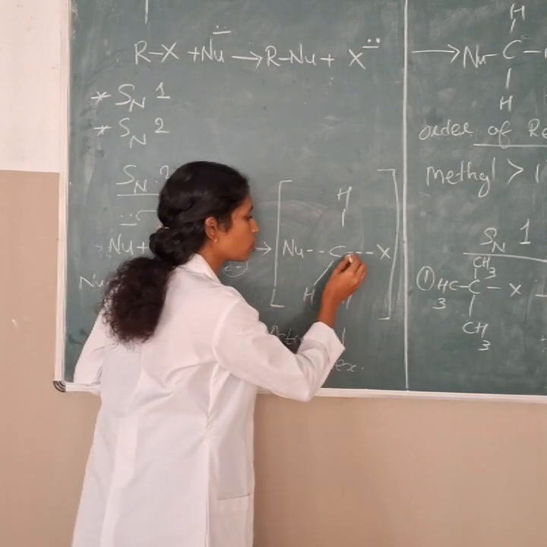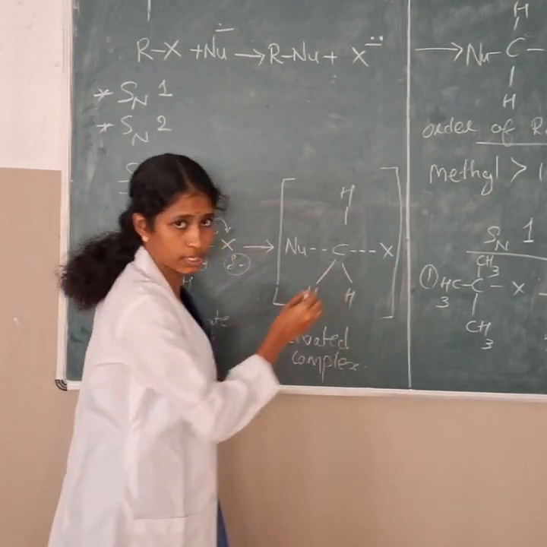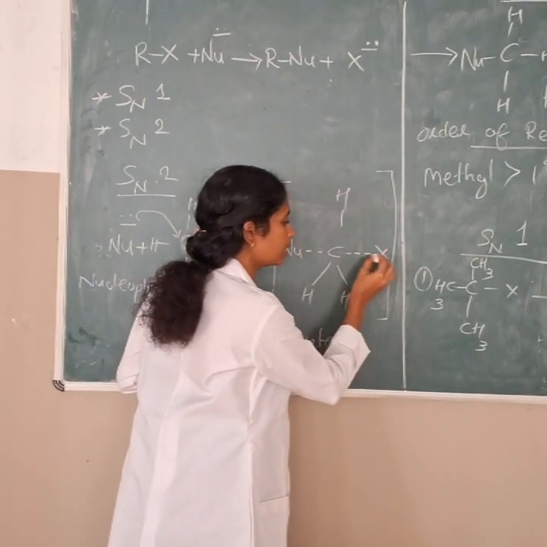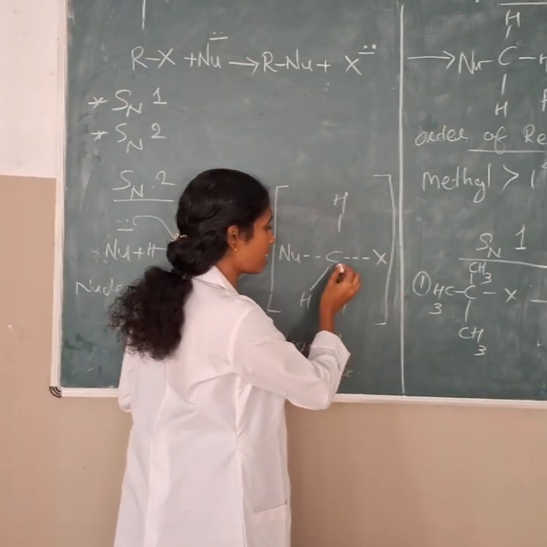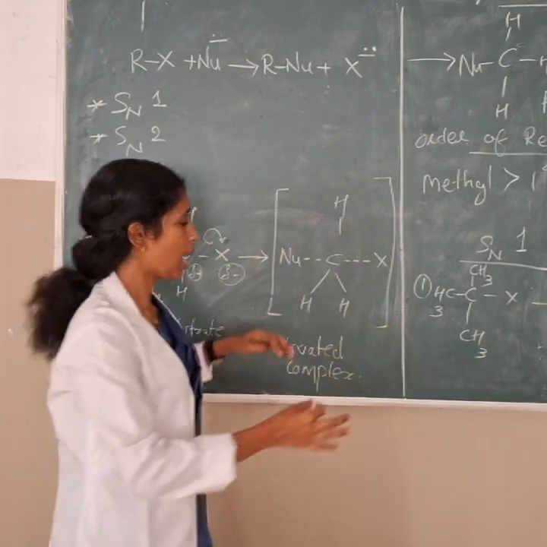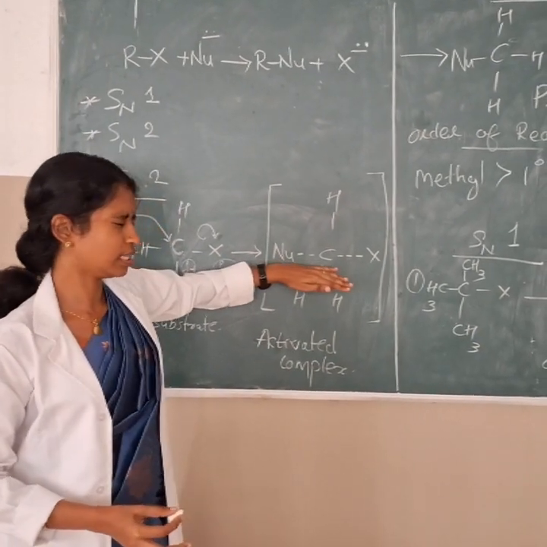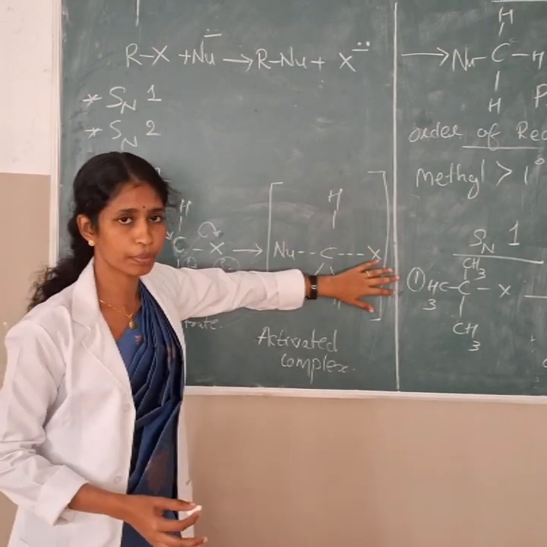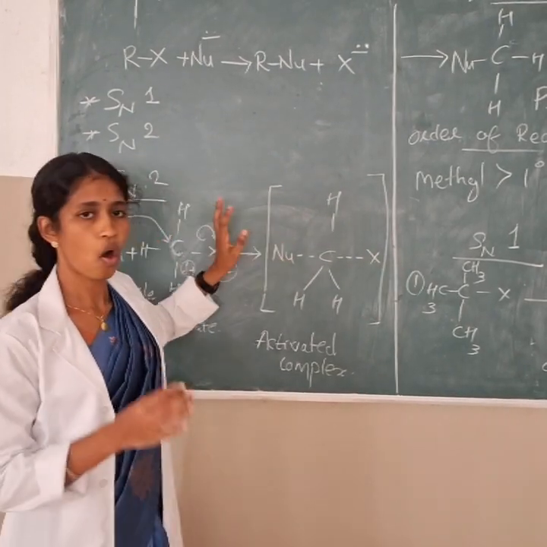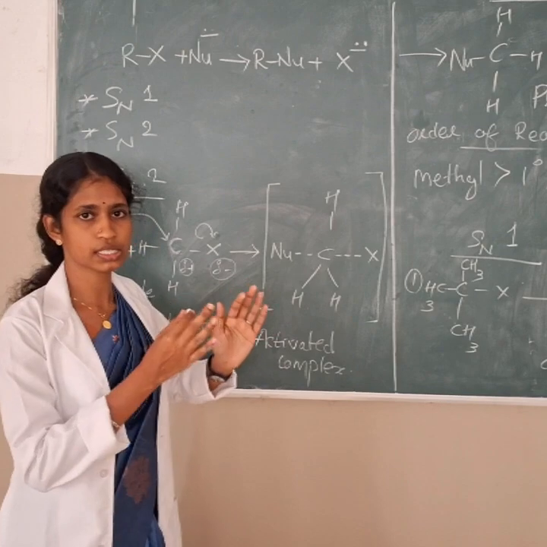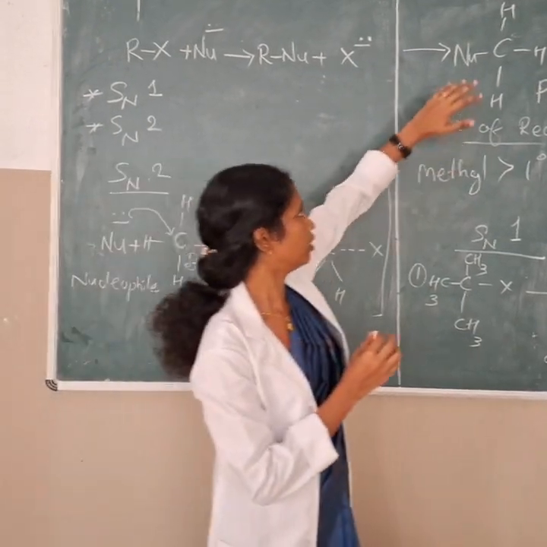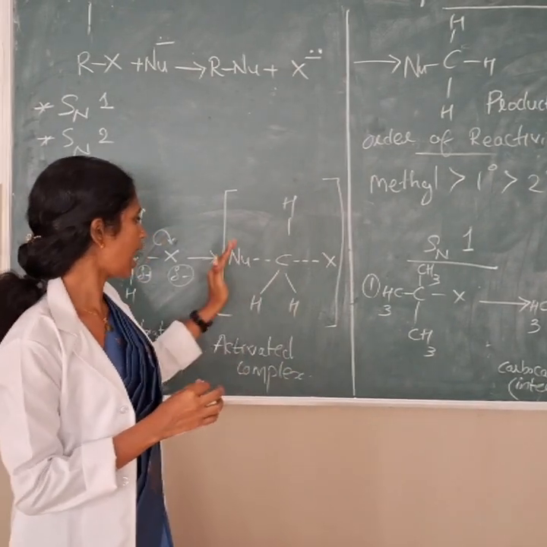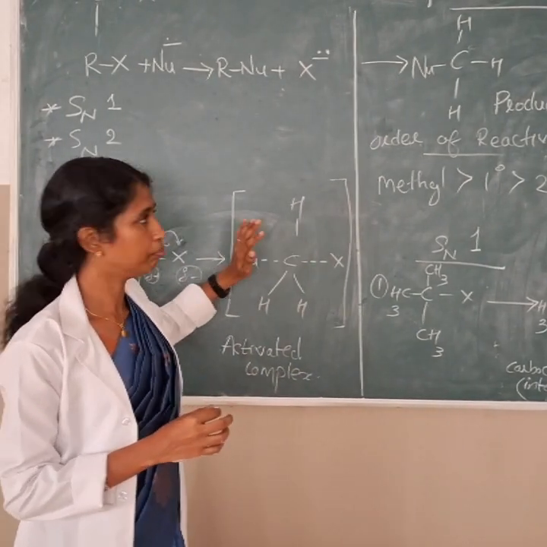Here we can see that these are not fully formed bonds, they are only partial, because the carbon-halogen bond started breaking, and the carbon-nucleophile bond started forming. This bond breaking and bond making occur simultaneously. This is the mechanism. And after that, this bond is completely broken and this bond is completely made.